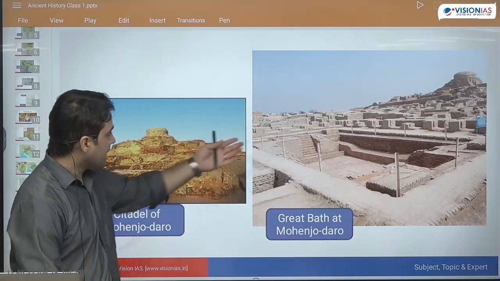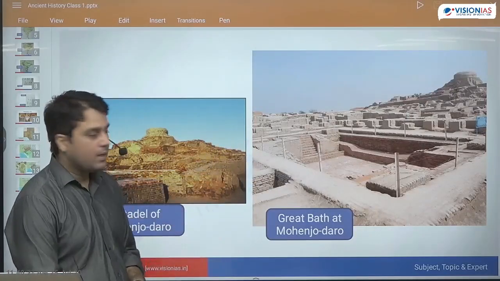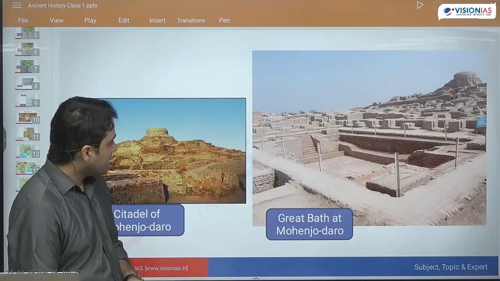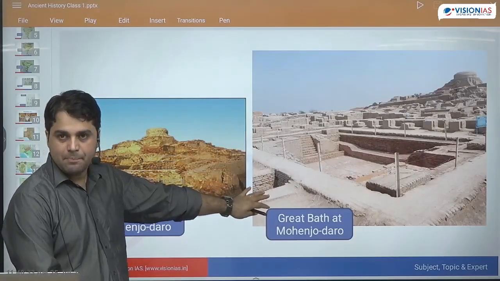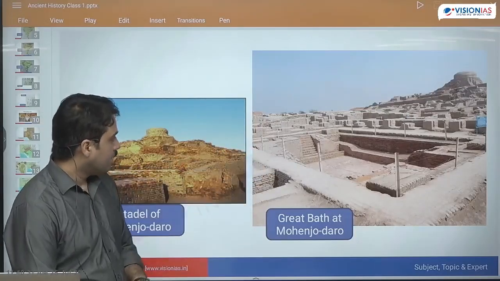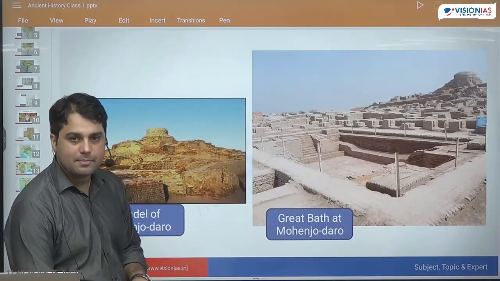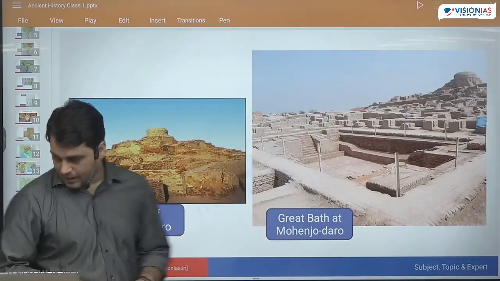Then this is also very famous, a great public bath which has been found at Mohenjo-daro. The most accepted theory is that this public bath may have played a very important role in religious rituals, right? Some sort of religious ceremony may have occurred, but again that will be just speculation. But it was a public bath available to everyone.